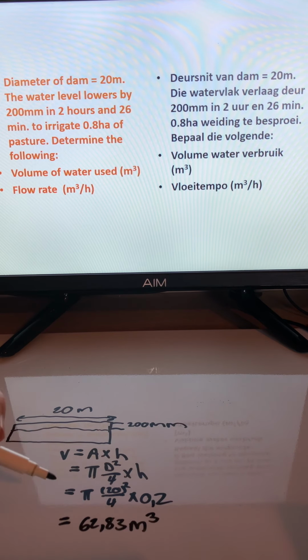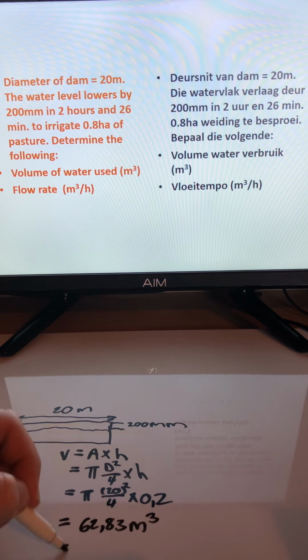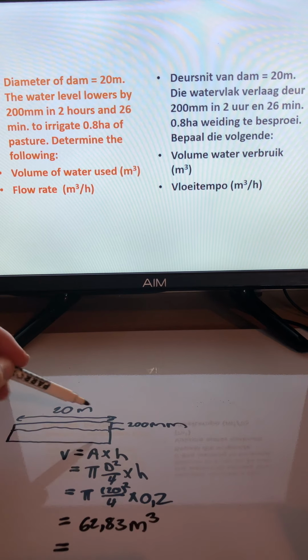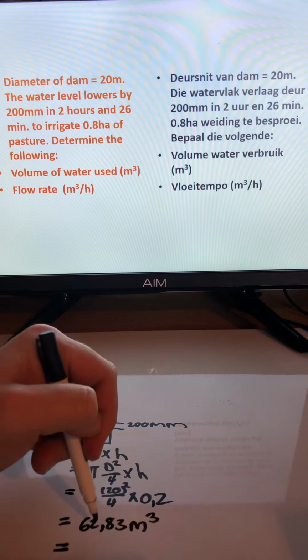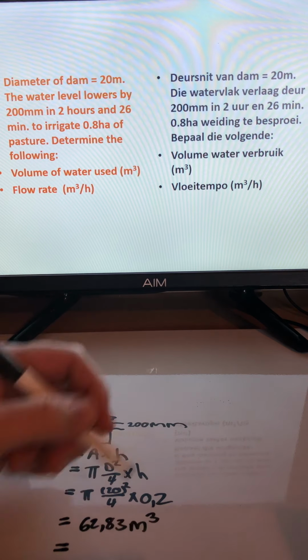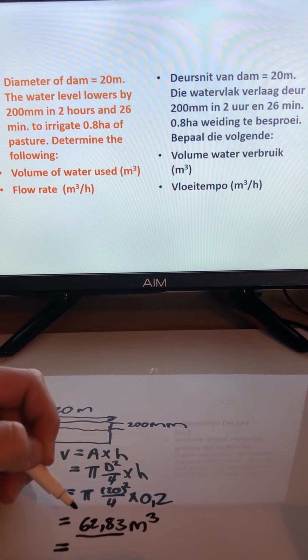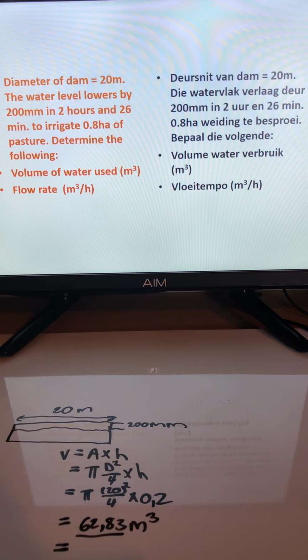So if you want to know the flow rate that the water was moving at when it was moving out of the dam, you'll take this 62.83 and you'll divide it by 2 hours and 26 minutes.